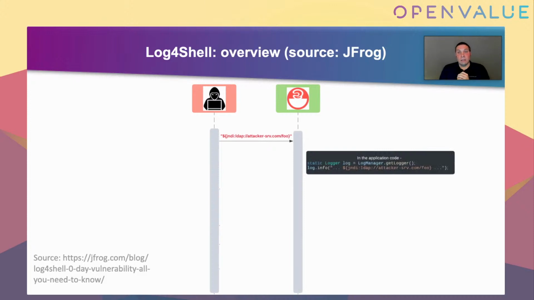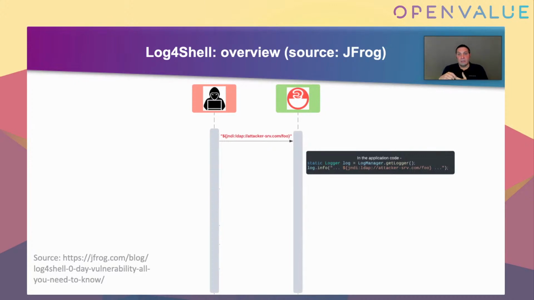So if the application in some way takes user input and logs it, it could be logging a header, or some field in a request parameter that you log. As soon as it's possible for an attacker to influence the text in any log message that's logged by Log4j 2, then you're basically vulnerable.